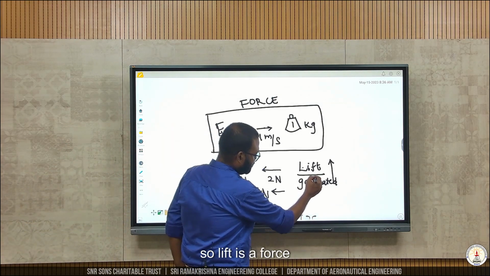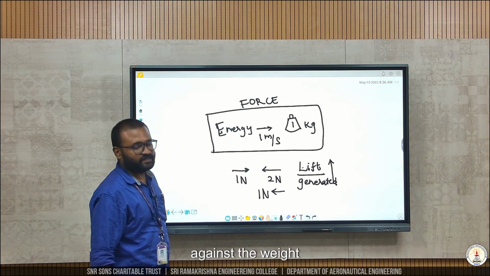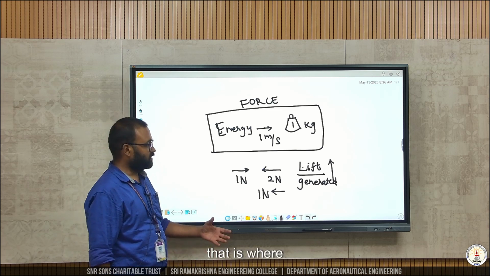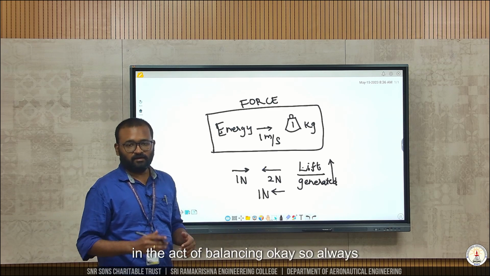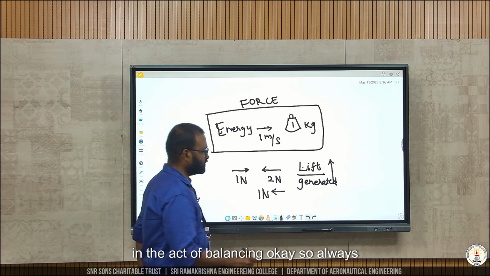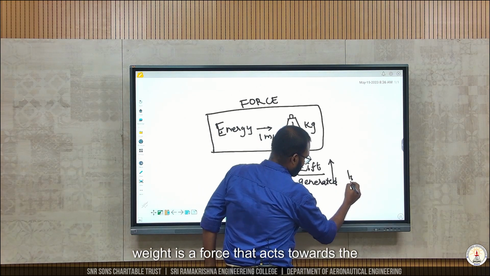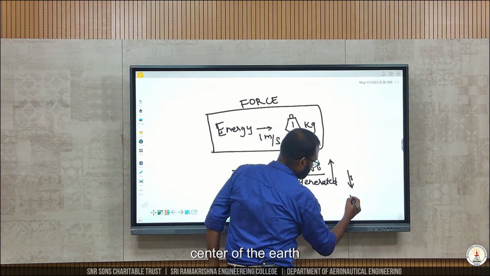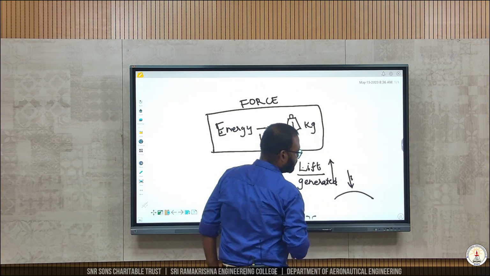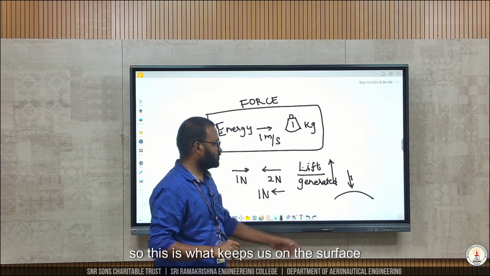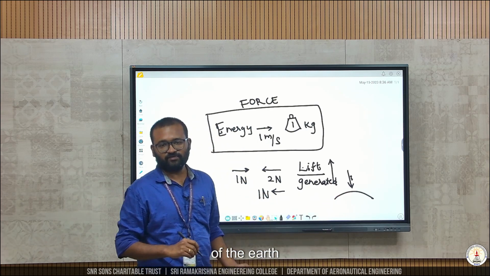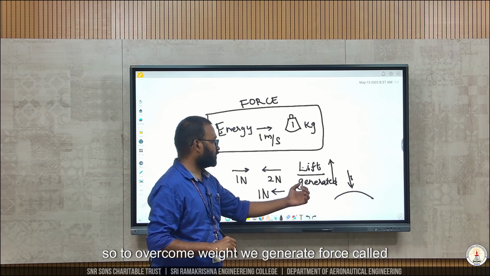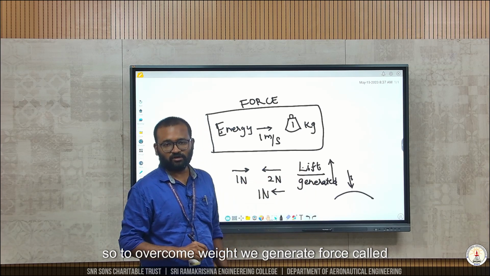Lift is a force generated against the weight, so that is where we are in the act of balancing. Weight is always a force that acts towards the center of the earth, which is what keeps us on the surface of the earth. So to overcome weight, we generate a force called lift.